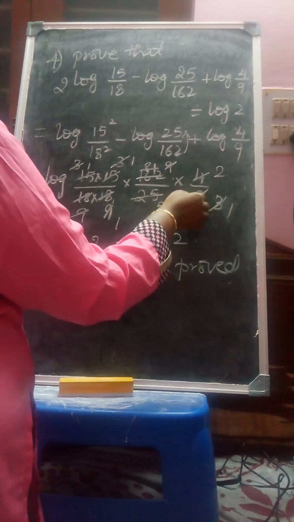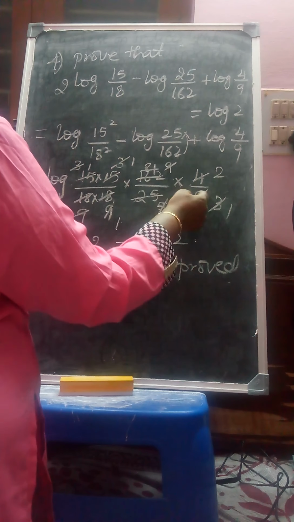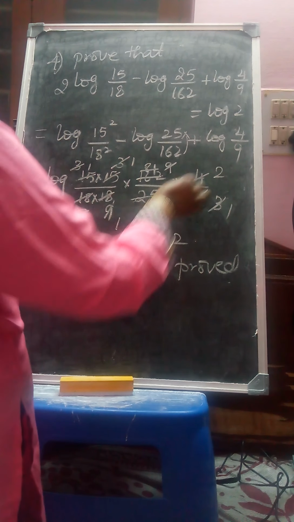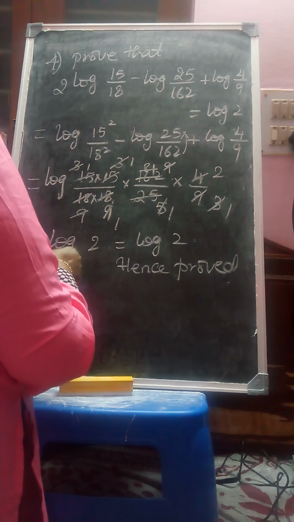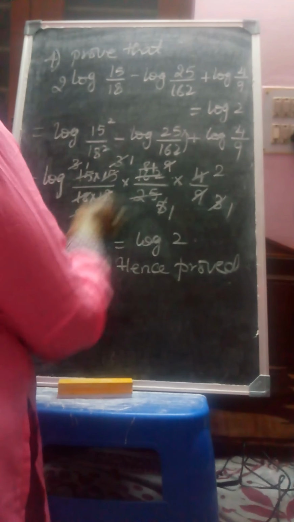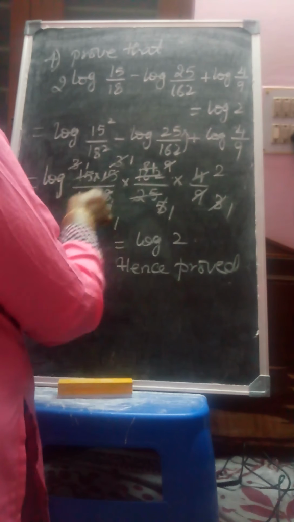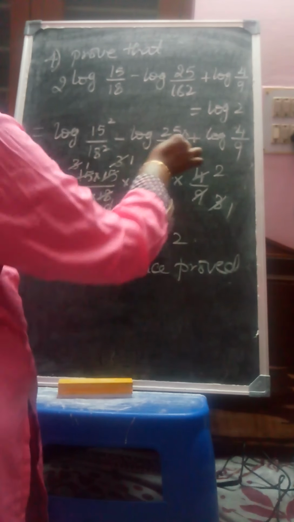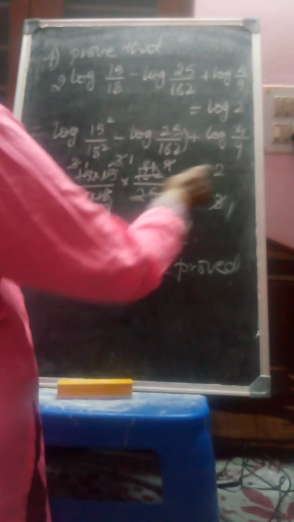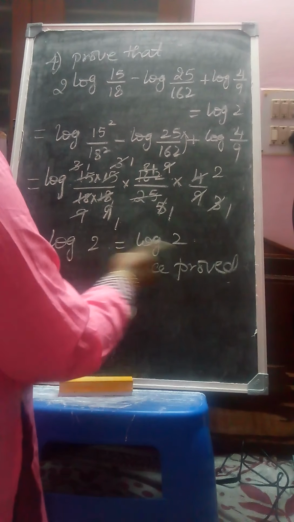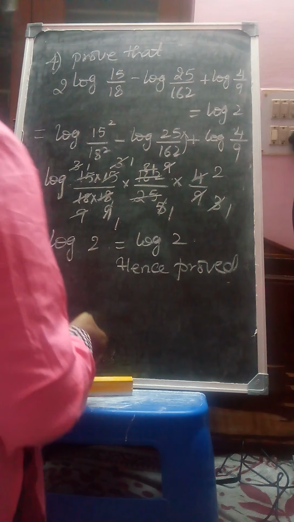Now this 3 and 3 will get cancelled here. 3 3s are 9 and 9 here. Okay, done. Now 2 2s are, 2 9s are. Okay. Now 2 81 times, and here again 9 and 9. Yes, so 9 ones are, 9 nines are 81. This gets cancelled. So I am left with only 2. So log 2 is equal to log 2. Hence proved.